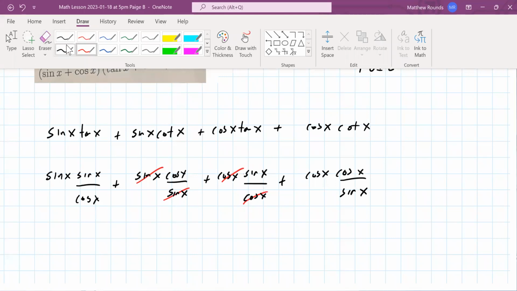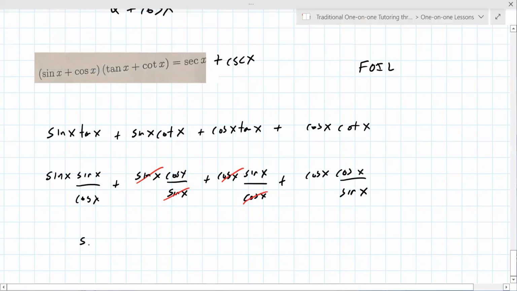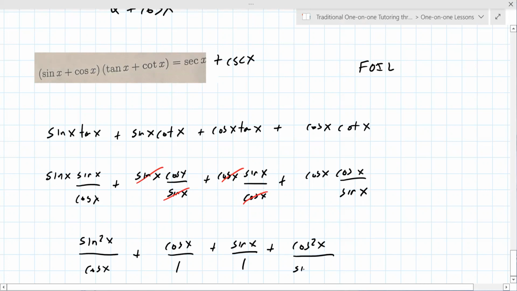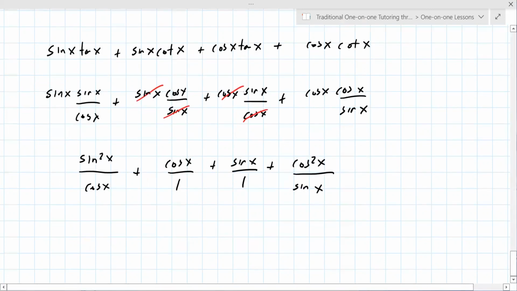All right, so let me rewrite here. We got sine squared x over cosine x plus cosine x over 1 plus sine x over 1 plus cosine squared x over sine x. Okay, so it doesn't look great. Let me go back.